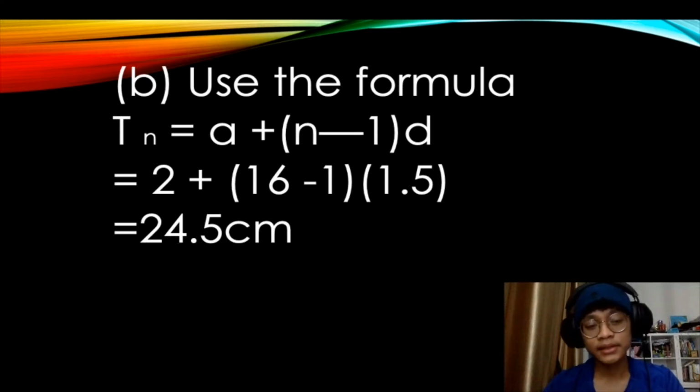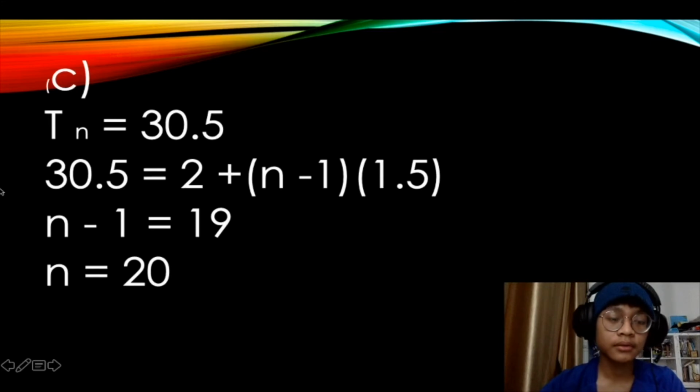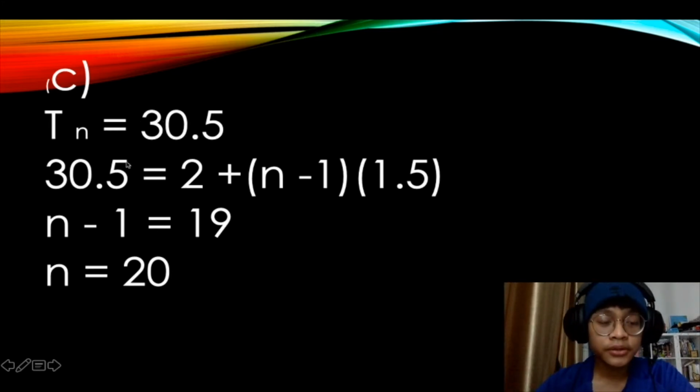Okay, let's answer the next one. So the B, the thickness of the nth row is 30.5. So we use the formula Tn. We already know that it is 30.5. We put 30.5 equals 2 plus n, the number of rows, which we don't know, we want to solve it, minus 1 times 1.5.